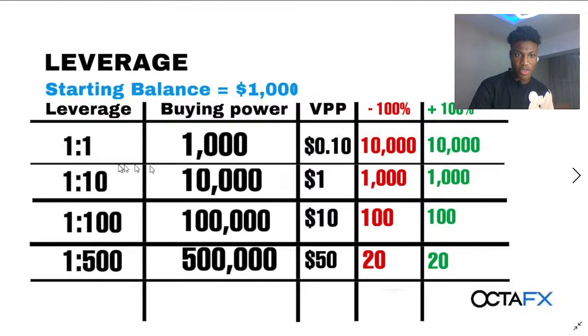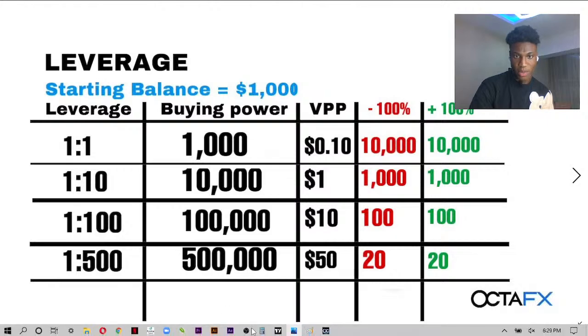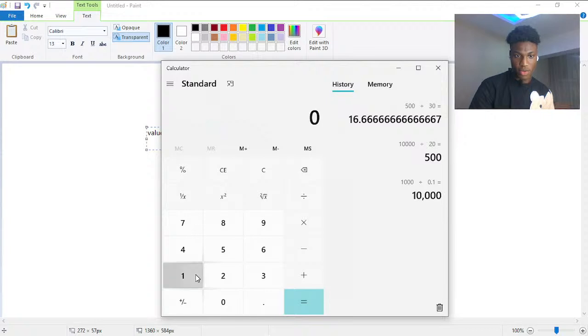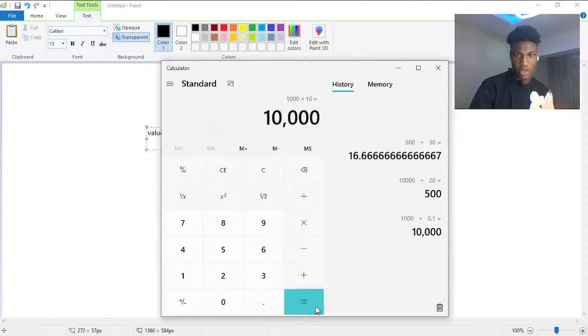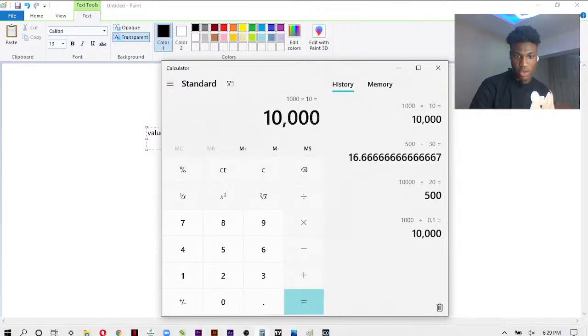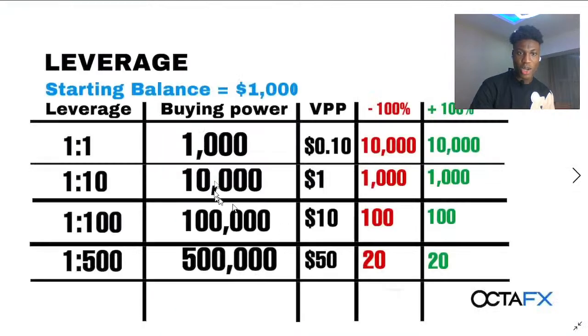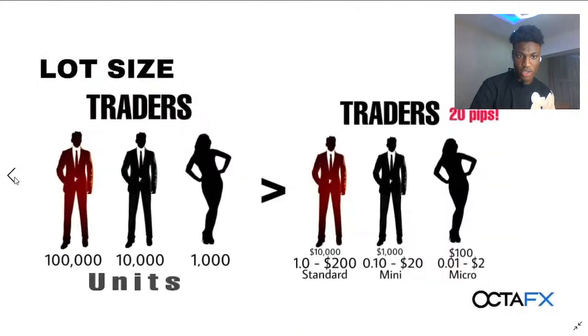Now, with the power of leverage, let's say I'm using a 1-to-10 leverage. So remember, 1 is your starting balance multiplied by 10. Now I have 10,000 in buying power. Remember, 10,000 is what?